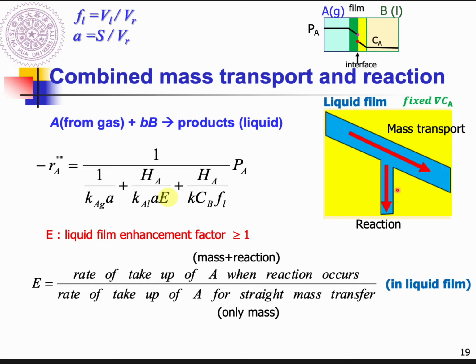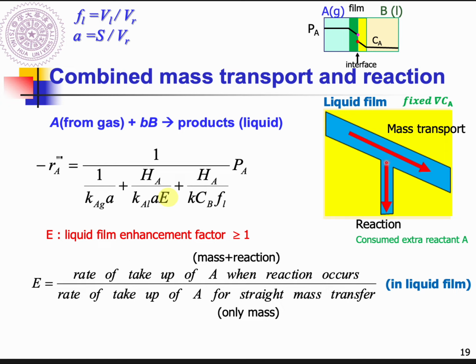So if there are additional chemical reactions, meaning A is going to react with B, that chemical reaction will consume extra A molecules. That will result in the total flux increasing, right? Because it needs to consume more molecules of A.